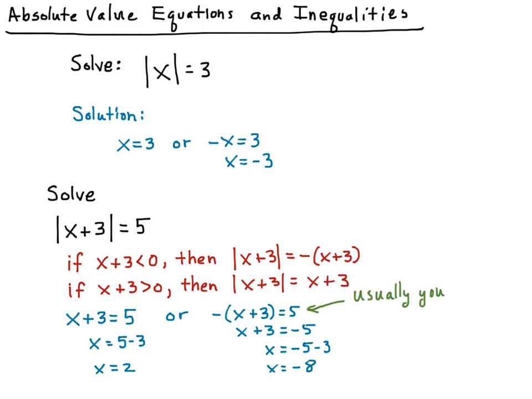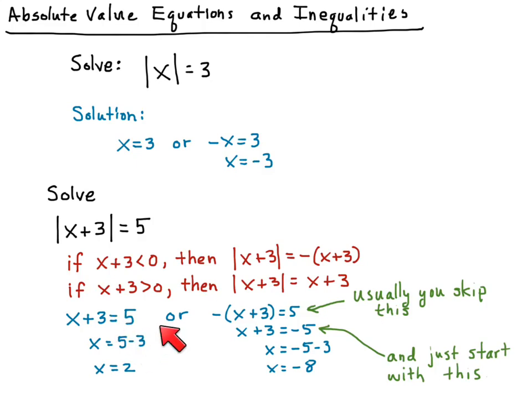Usually you skip this and you go right away to x plus 3 equals negative 5. So you set up two equations, one where it's normal, the other one you still set what's inside the absolute value sign on this side, but then it equals, you change the sign of the right side, because you almost always will multiply this by negative 1 to get to this.